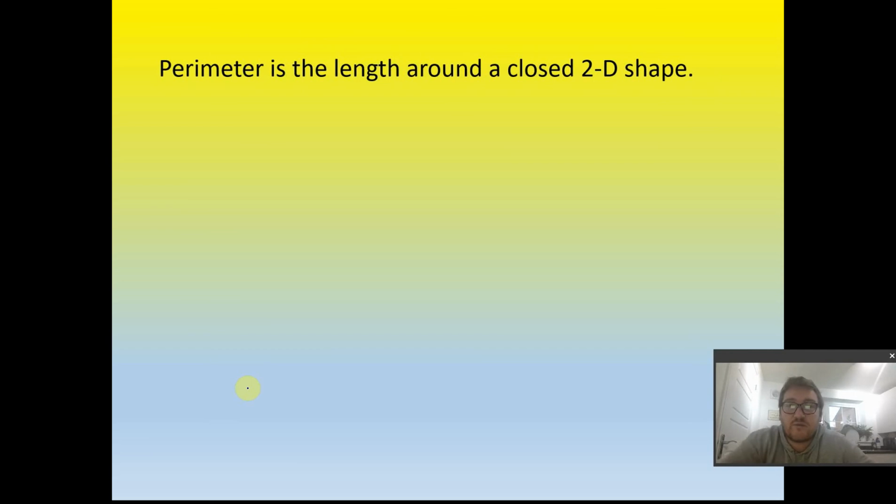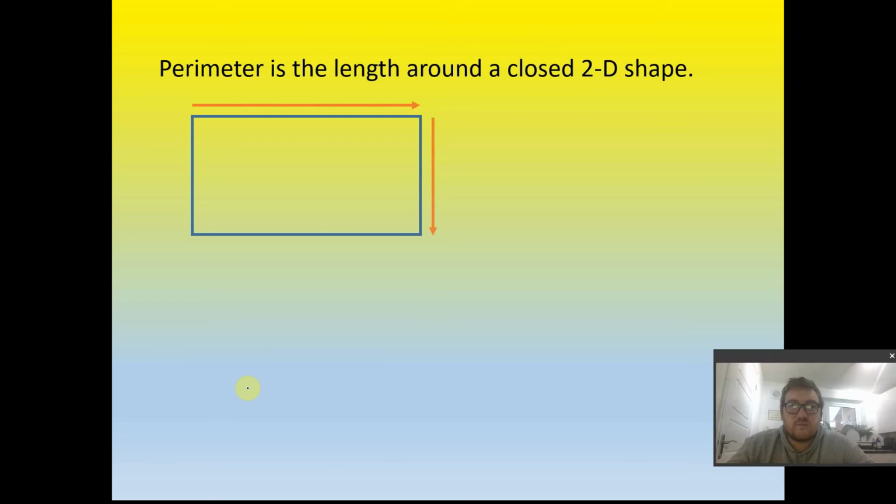Okay, so the perimeter is the length around a closed 2D shape. A closed 2D shape. So the perimeter would measure all of these edges, or sides should I say, of this closed shape.